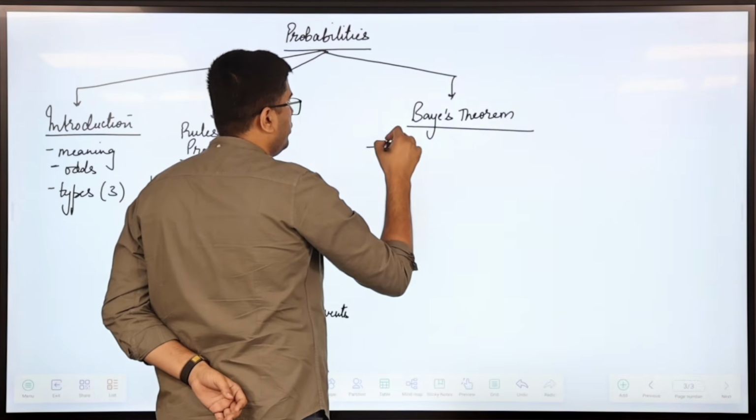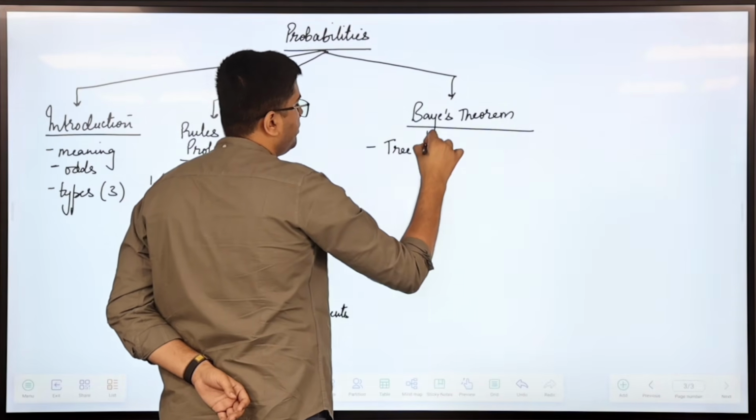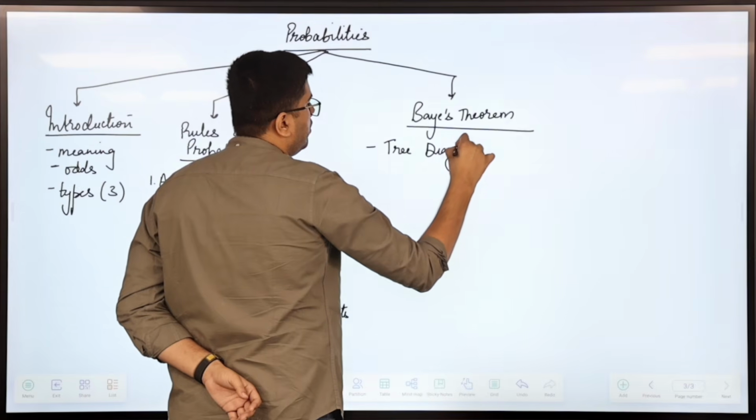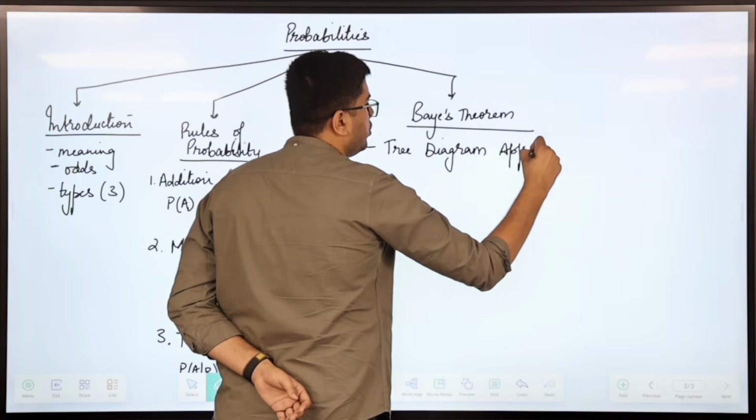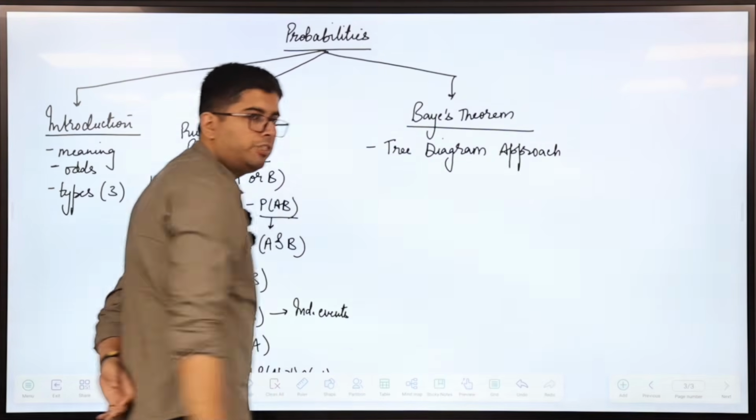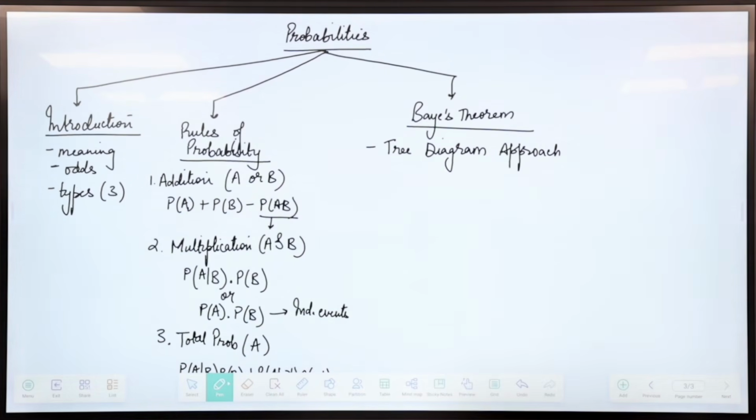You can solve it using the tree diagram approach, where you approach the entire question in a logical manner, simply draw out a tree to visualize all the information, and then you do the calculations logically.